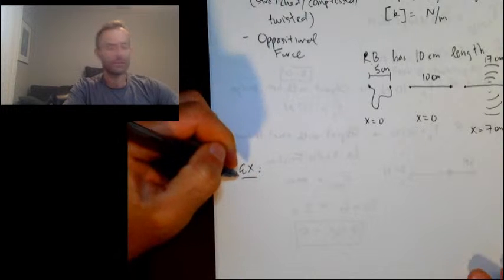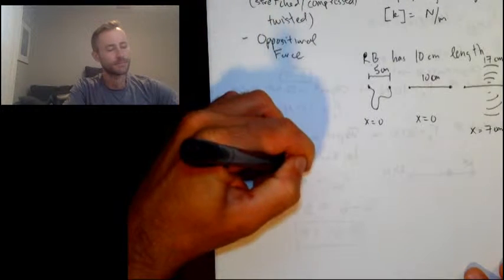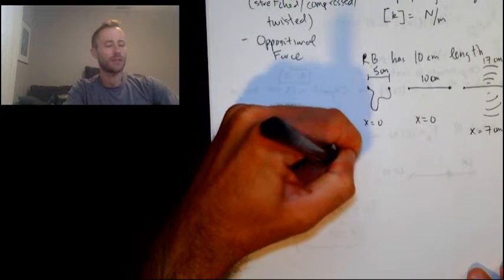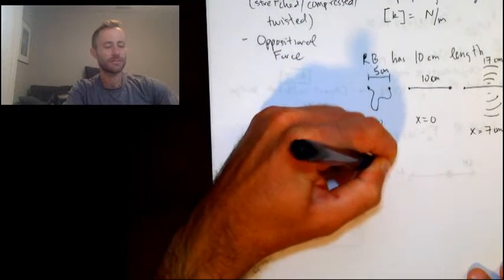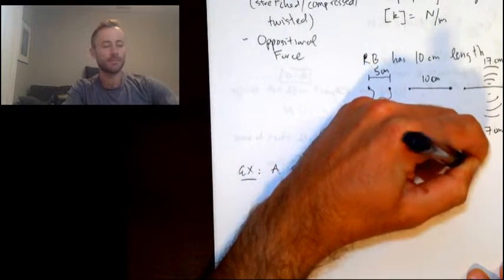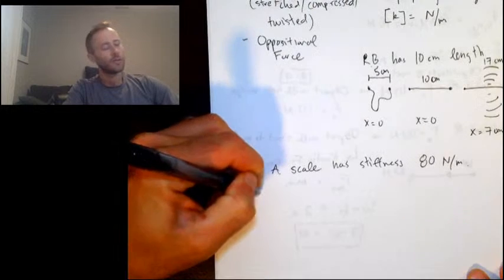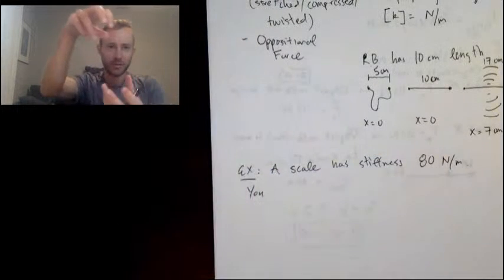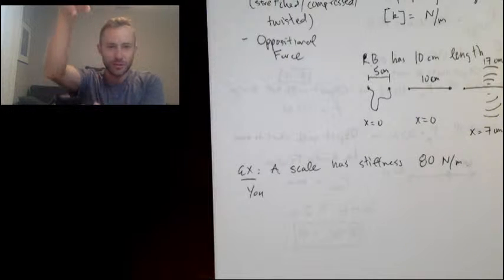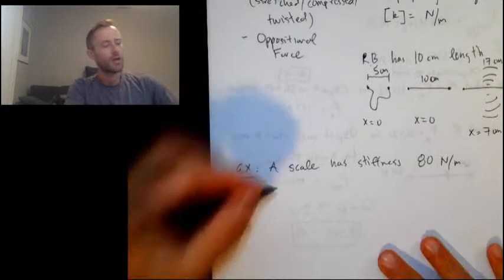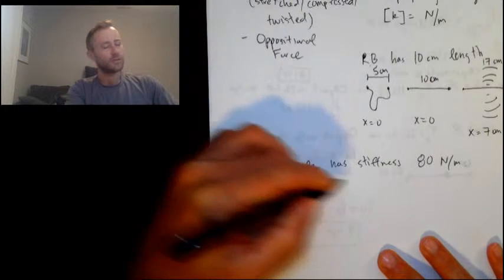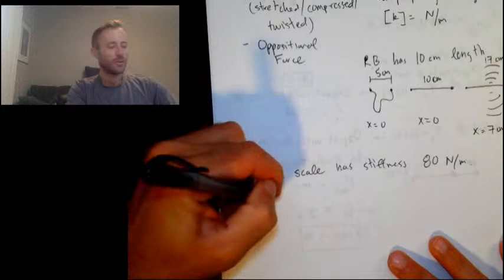What if we have a scale that has stiffness 80 newtons per meter? A scale is basically a spring, right? And the weight of the object is related to how much the spring stretches. So a scale has a stiffness of 80 newtons per meter.